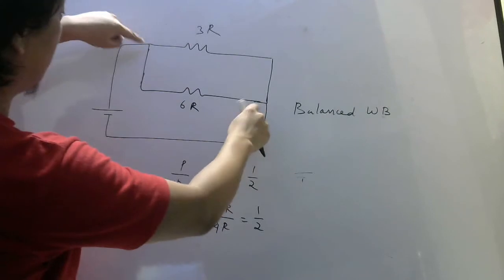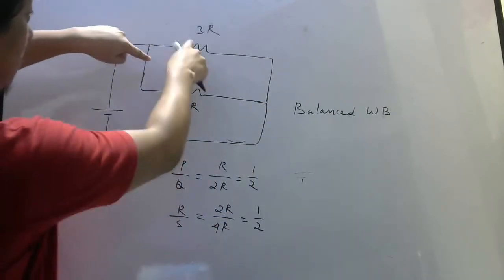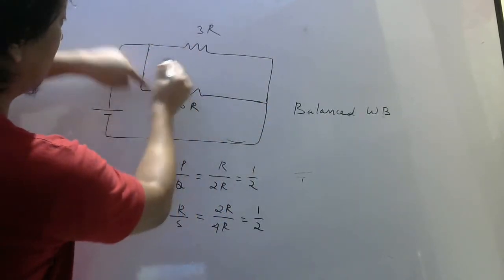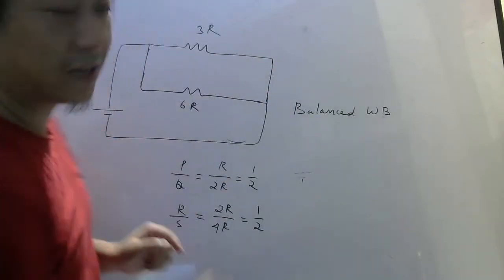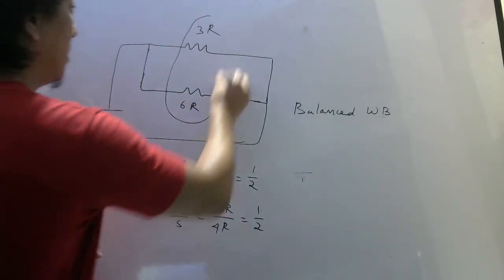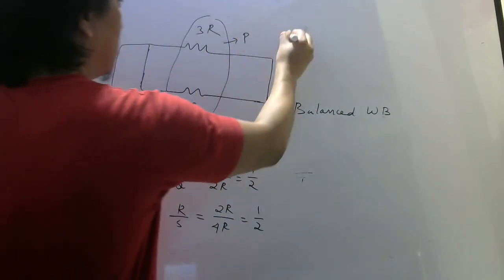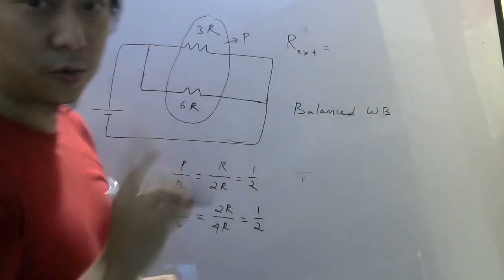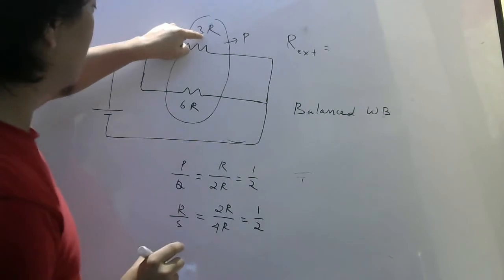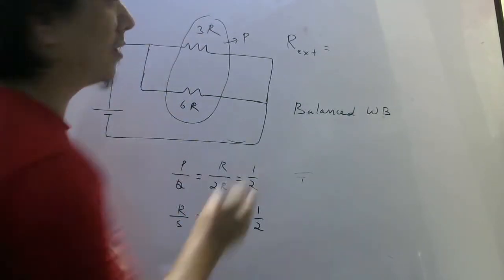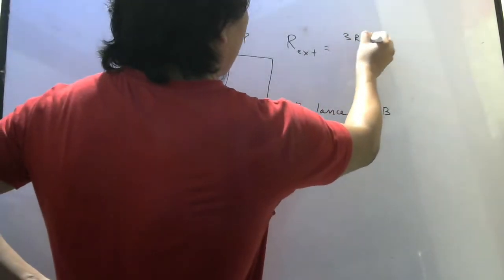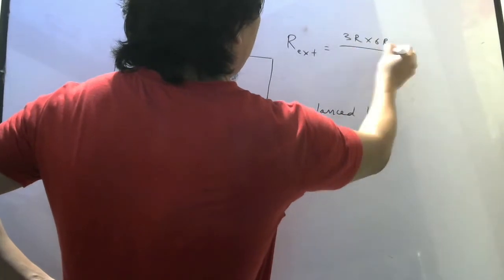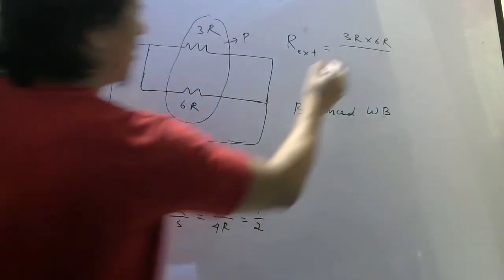And you can see between these two points, these two are in parallel because these two are joined directly, these two are joined directly. So what will be the total external resistance? 3R and 6R in parallel will be 3R into 6R by 3R plus 6R, 9R.